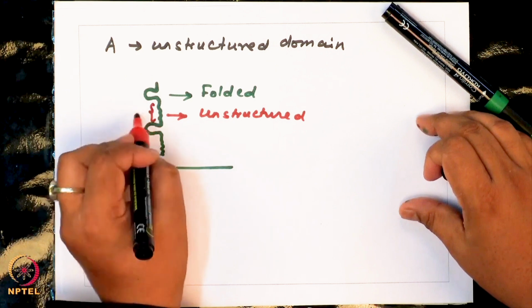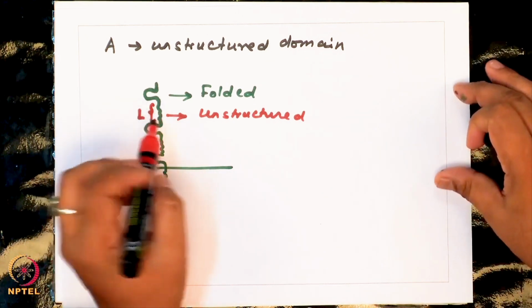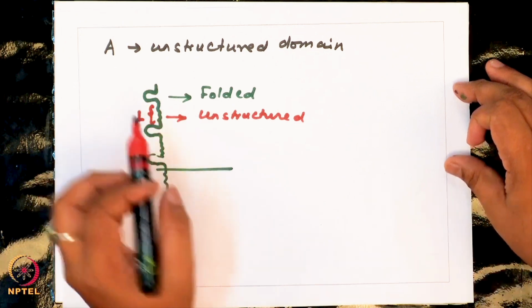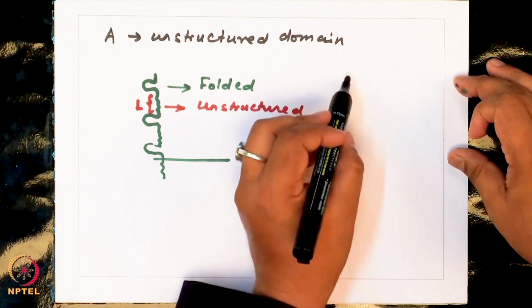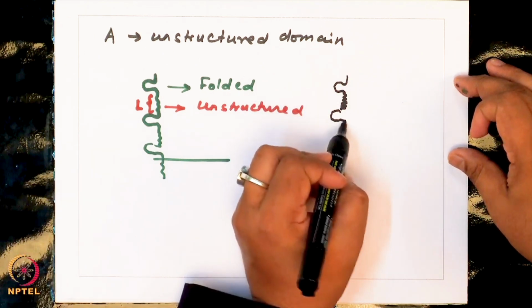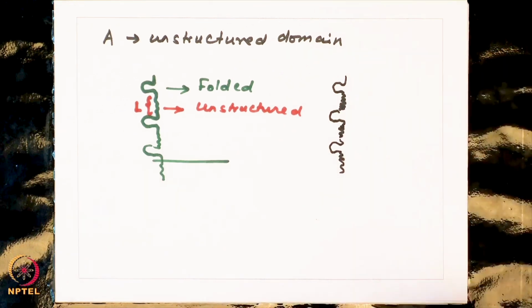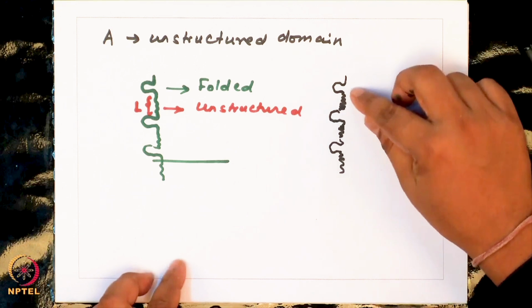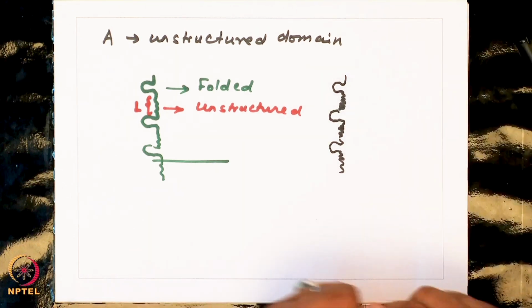Now let us assume that this length is L. Because it is unstructured, it will not exactly be present like this. The protein will not have a configuration exactly like this, but it will have a configuration probably coiled; in other words, it will still take a little bit of an almost negligible force to straighten this particular domain.